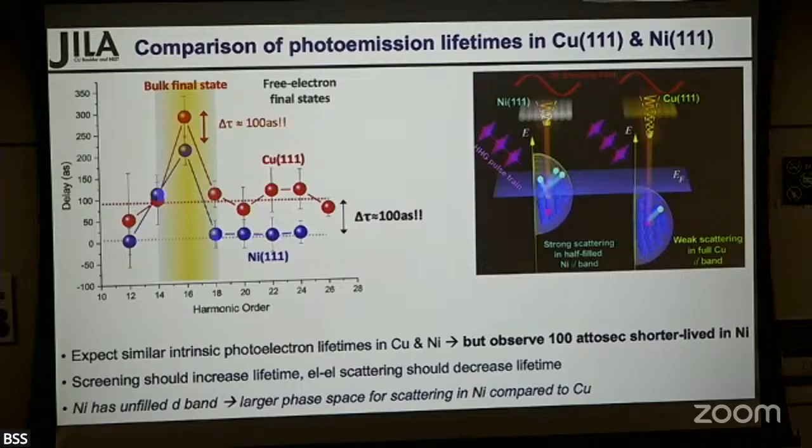And this is the time delay between these two. On these two here, both going into, we're away from resonance, so we're just looking at what is the lifetime of free electron states in copper versus nickel. So no resonance, away from all the resonances.